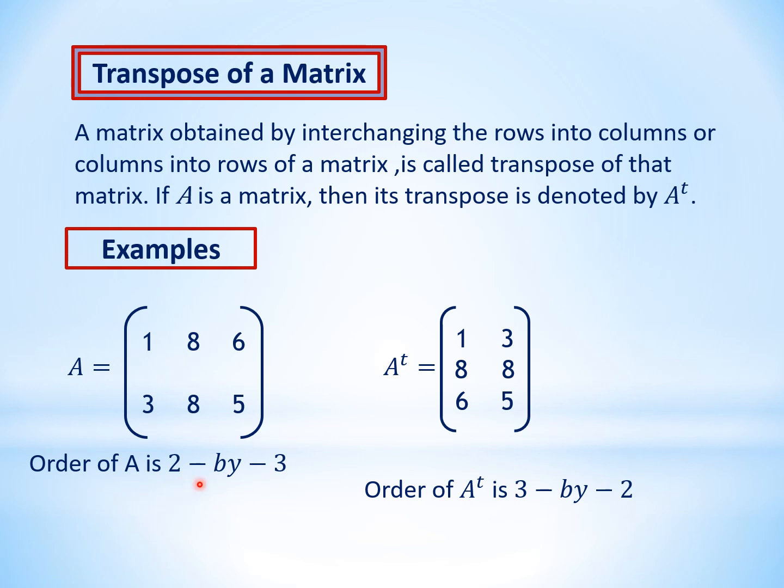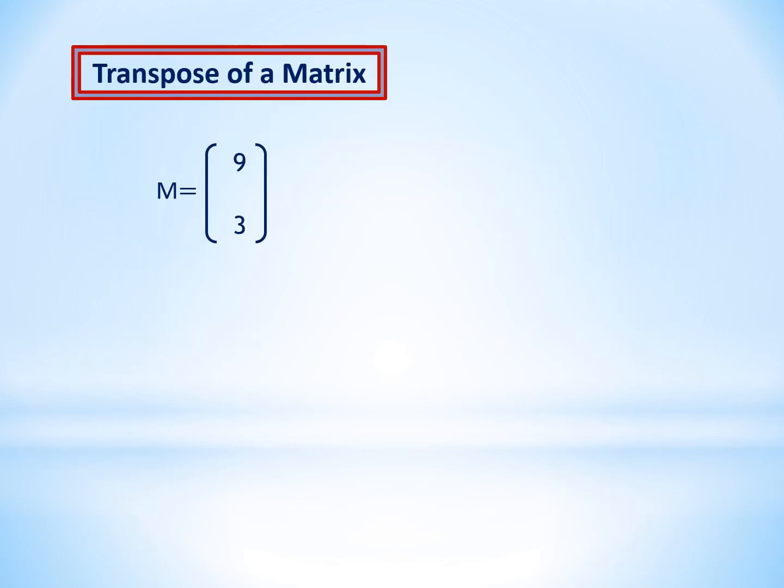Order of A is 2 by 3 and the order of A transpose is 3 by 2, as first it had 2 rows and now it has 3 rows. So order shuffles. Order of A is 2 by 3. Order of A transpose is 3 by 2. Next example. M matrix. It has 2 rows, 9 and 3, and you can say it has 1 column.